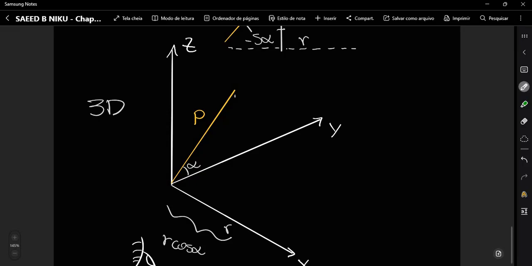Well, now as we are in the z dimension, let's use it. So that is the end of the vector. And now let me draw a line parallel to the x-axis. Okay, that is parallel, and also a line parallel to the y-axis.